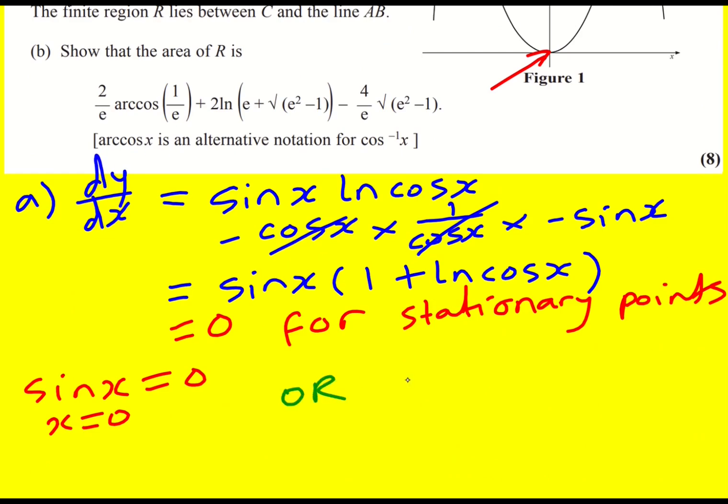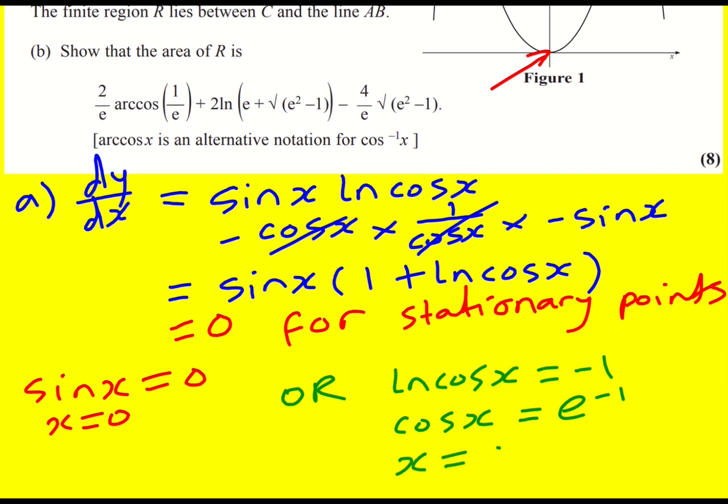Or ln cos x equals minus 1, this right-hand bracket, which means cos x must equal e to the minus 1, and hence x must equal inverse cos of e to the minus 1.